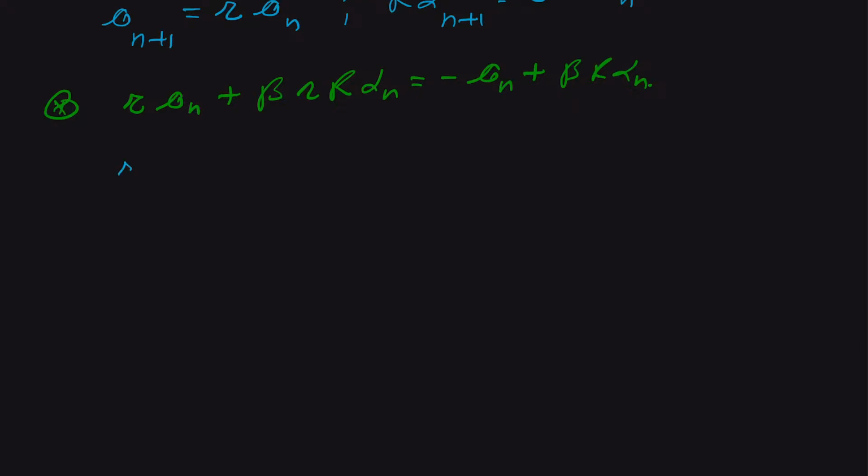So we get this as r plus 1 a of n is equal to beta 1 minus r alpha of n.